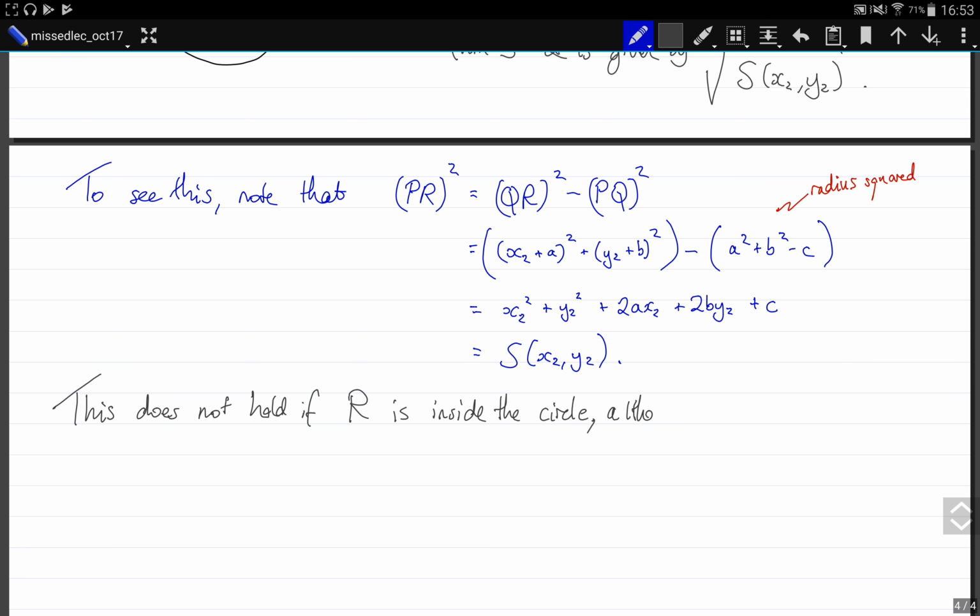So, although it is true that S of x2, y2 is less than 0 if r is inside the circle, in this case.